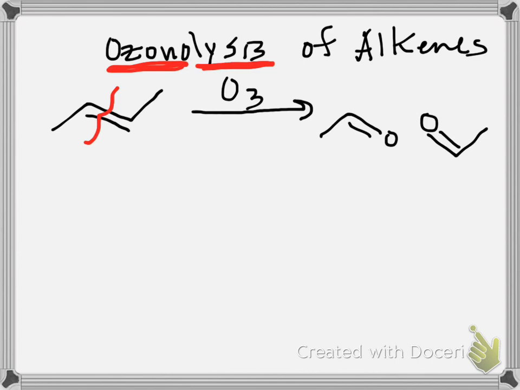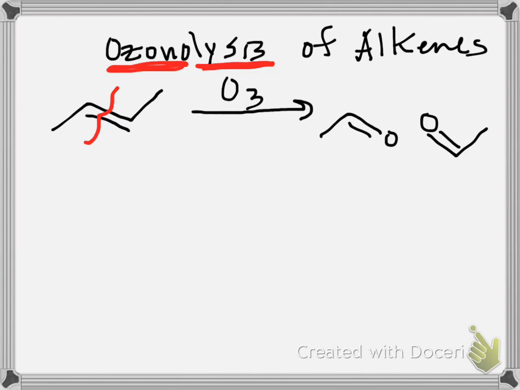So back in the day, organic chemists, if they knew that a molecule had a carbon-carbon double bond in it, they would employ this reaction and break the molecule into smaller pieces, which they could then more easily analyze. It is still used today. You will see this reaction employed every now and then.